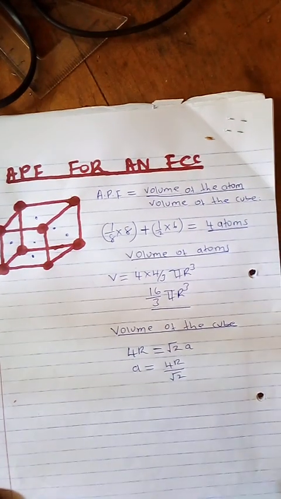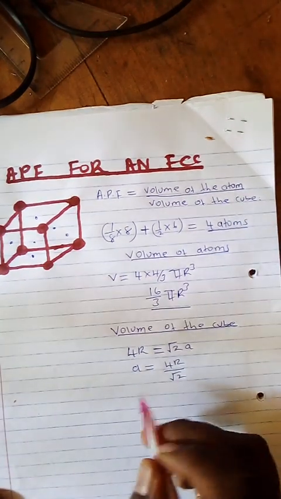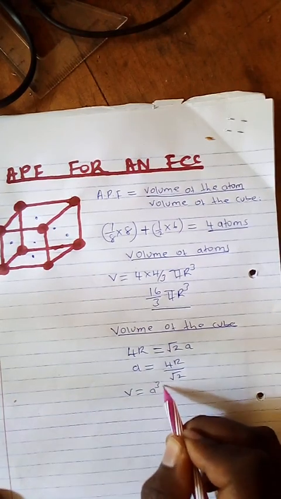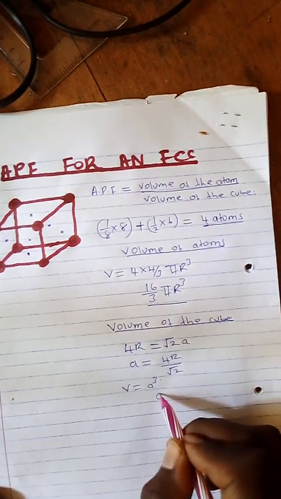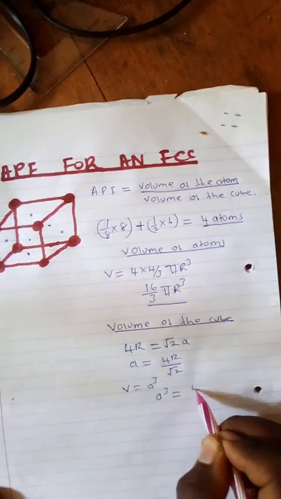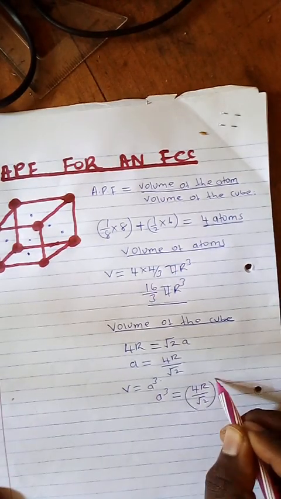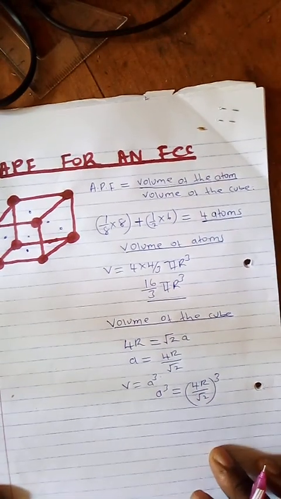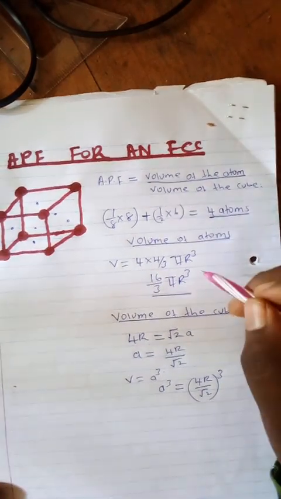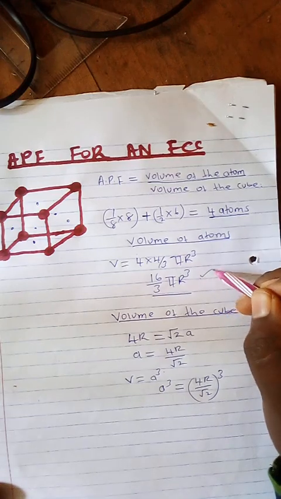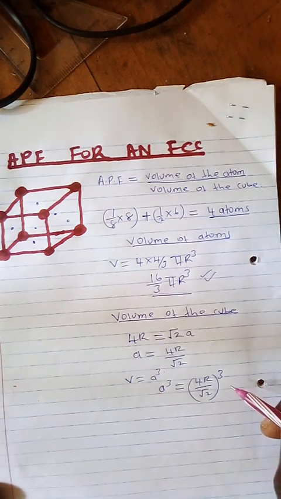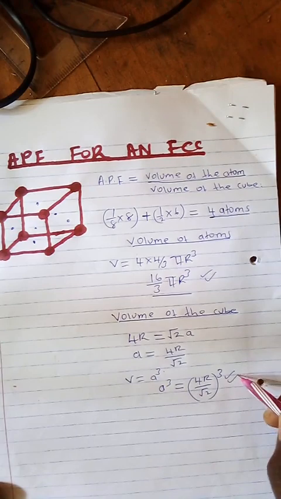From there, to get the volume, it's a cube. Therefore, a cube is 4r over root 2, all cubed. Now I have the volume of the atom, and I also have the volume of the cube.